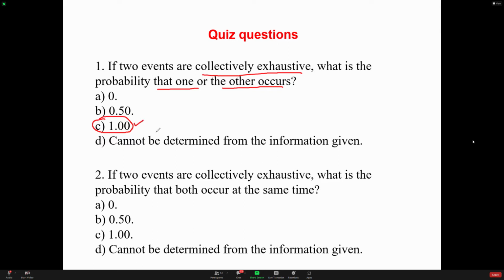All right. So collectively exhaustive means the total probability will be 1. Then next question, question 2: if two events are collectively exhaustive, what is the probability that both will occur at the same time?